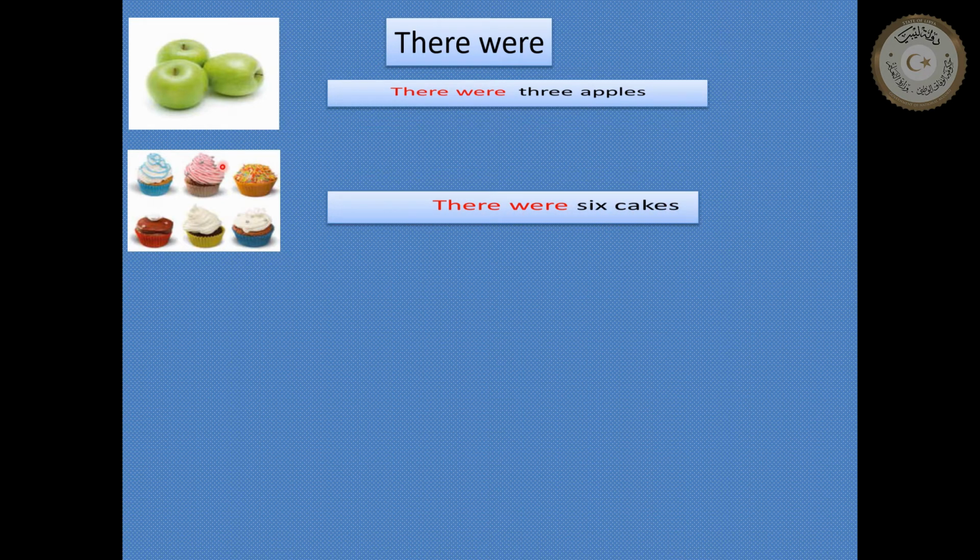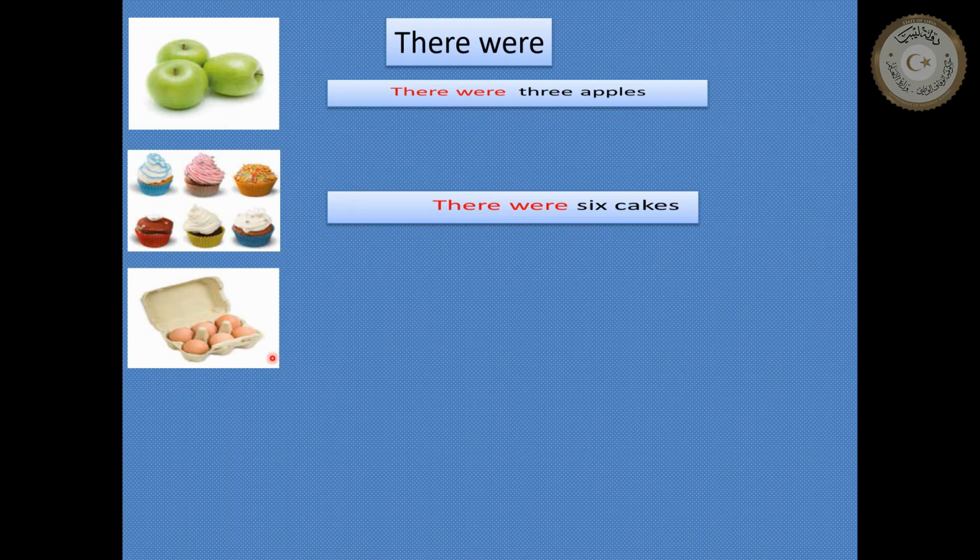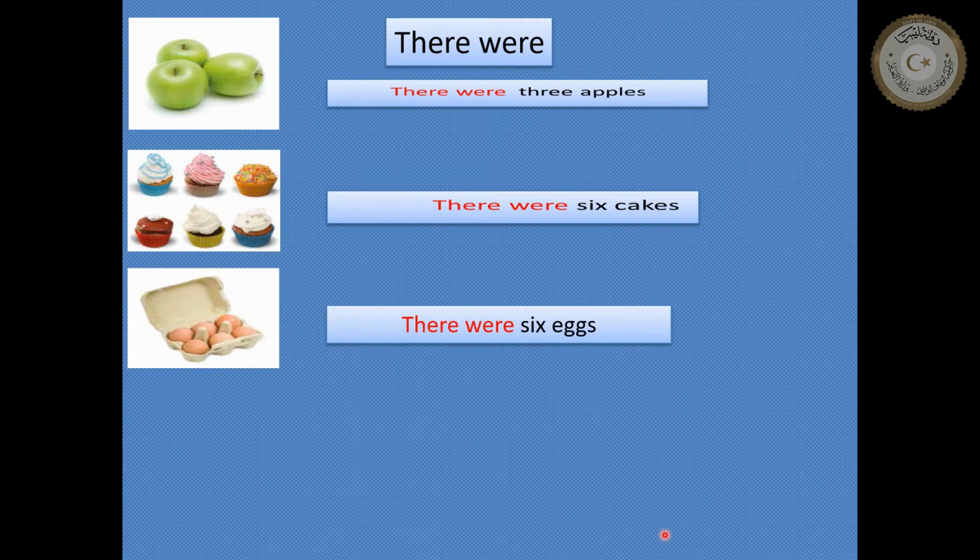Because we have more than 1. And it's not now, it's in the past. In the picture. We speak about the picture. لأن احنا شفناهم في الصورة. Okay. What else? What's this? Eggs. How many eggs? 1, 2, 3, 4, 5, 6. So what are we going to write? There were 6 eggs.